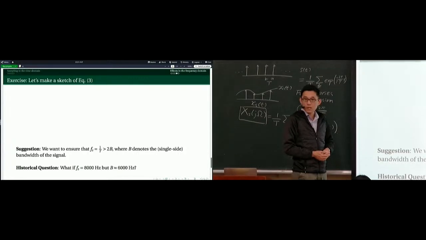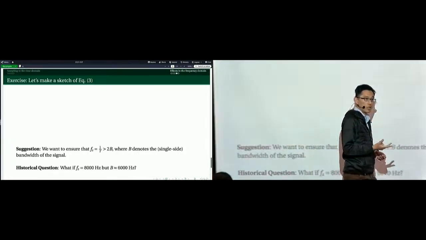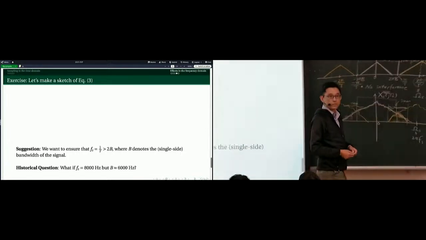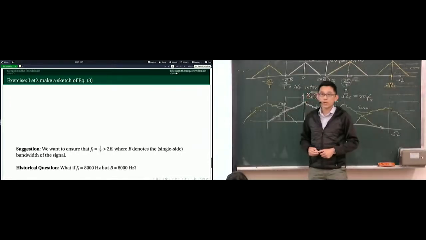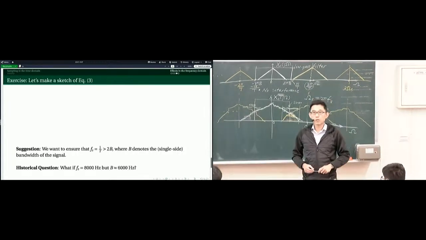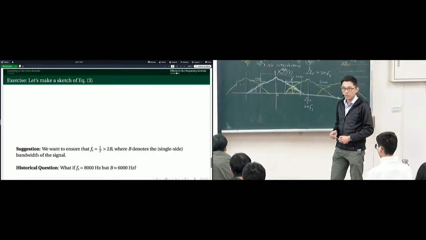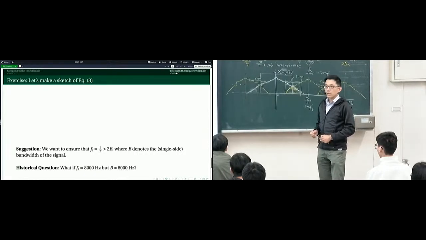But there is an exception. I was talking about vowels, right? But for consonants, non-vowel sounds, sometimes human speech can go beyond 4 kilohertz. You can see that with the fast Fourier transform.